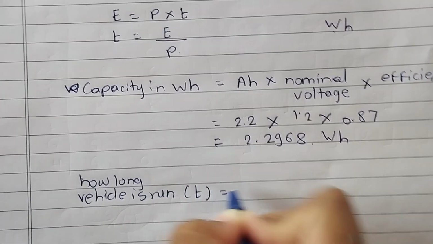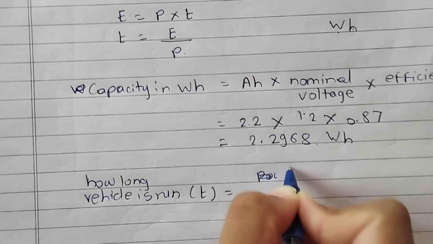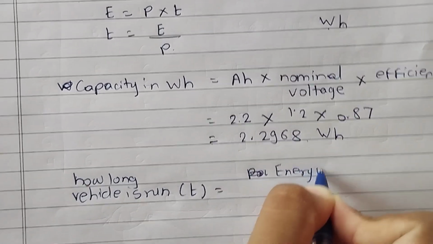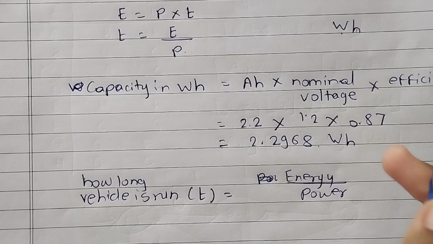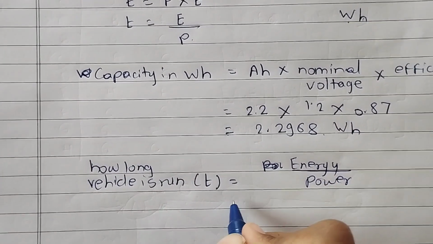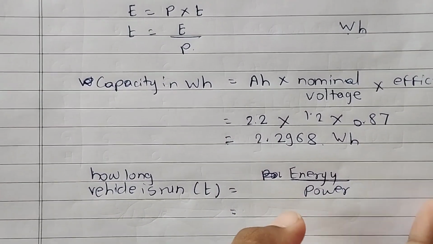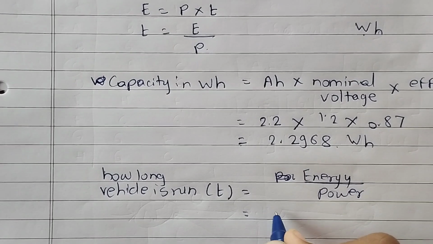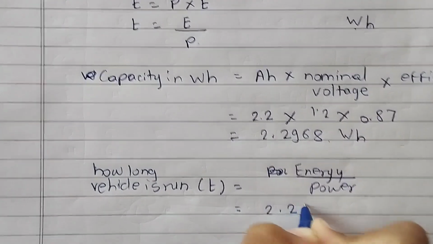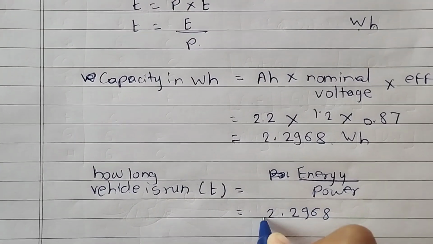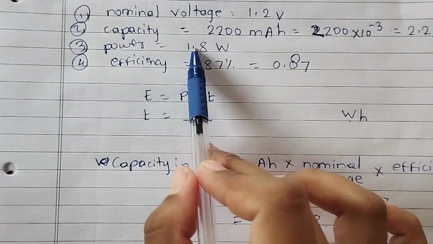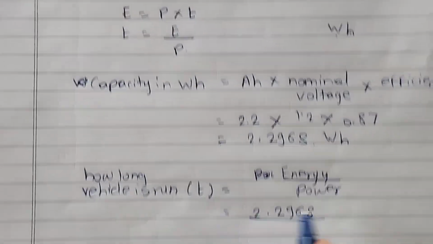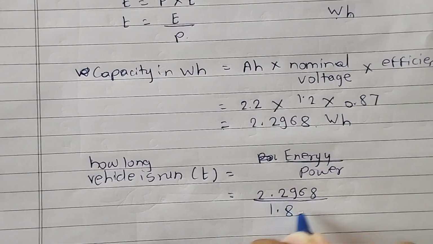Time is equal to energy divided by power. This energy we calculate in watt hour, because capacity is always given in watt hour. So 2.2968 divided by the power, 1.8 watt.